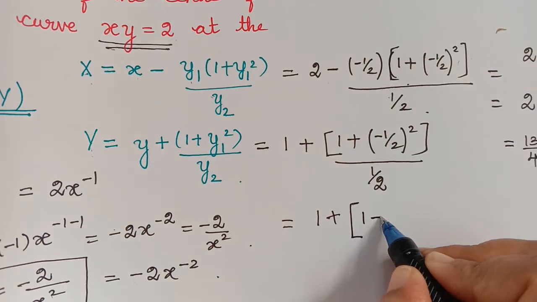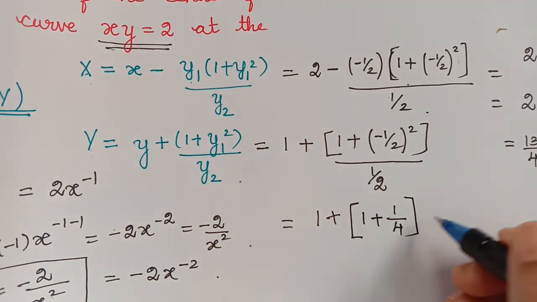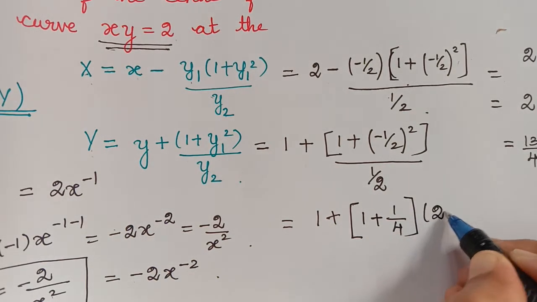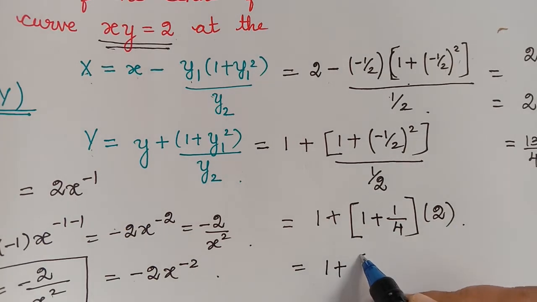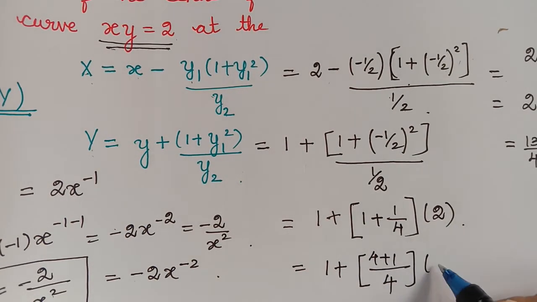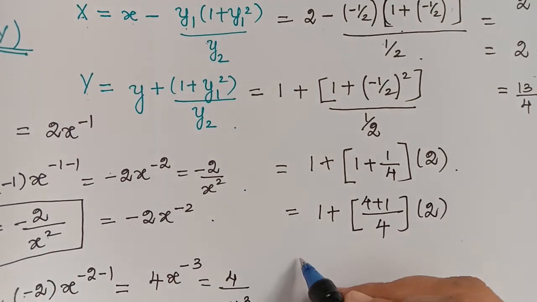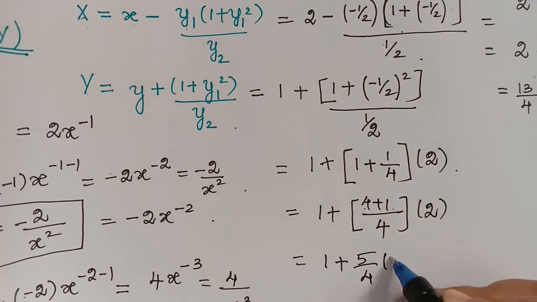So this will be 1 plus, now 1 by 2 square is 1 by 4, and then this 2 again here it will come in the numerator, so it will be like this. So that will be equal to 1 plus, now what is the LCM here? 4. So 4 plus 1 multiplied with 2, and so this will be equal to 1 plus, now this is 5 by 4 multiplied with 2.